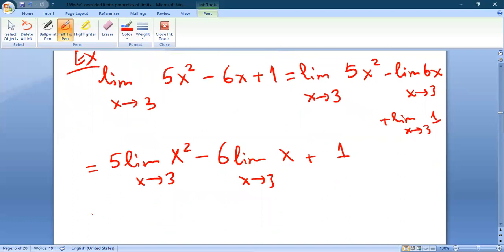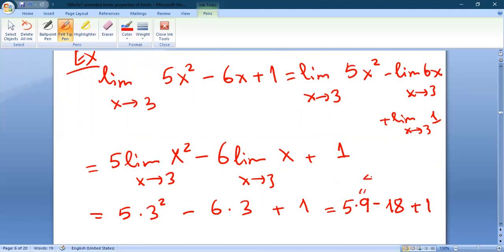For the others, we just put 3 for x: 3 squared times 5, and then minus 6 times 3. I'm applying the rules that I have written above. And then what do I have? 5 times 9 minus 18 plus 1. This is equal to 45, so 45 plus 1 is 46, minus 18 is equal to 28.